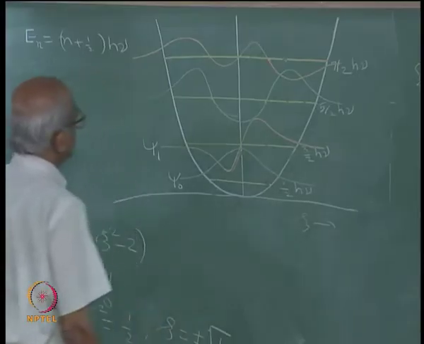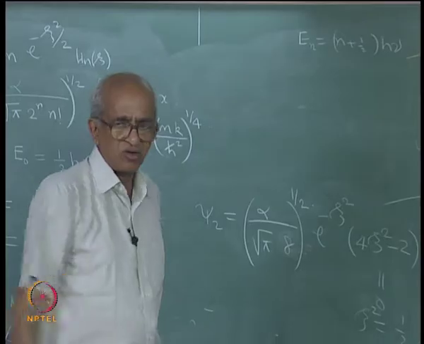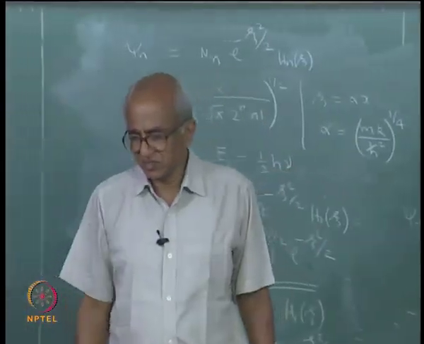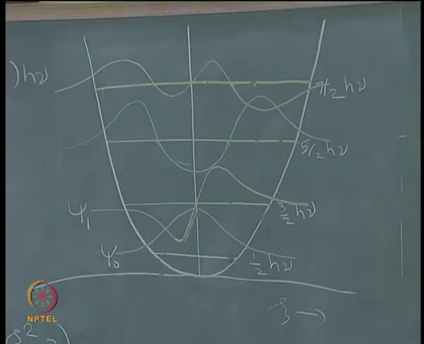So, that will be the appearance of the next one, and similarly you can go on plotting the other ones if you like. As the value of n increases, what happens? You have more and more nodes. In fact, the nth function would have n minus 1 nodes.